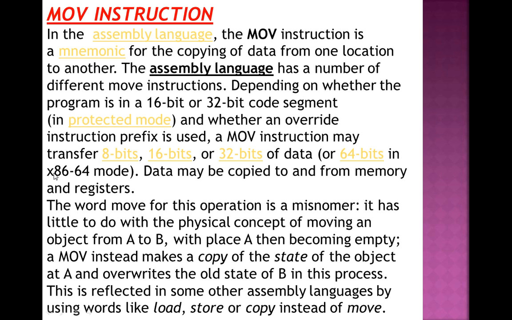But if it is x86-64 mode, it can store up to a 64-bit value. Data may be copied to and from memory and registers. The word move for this instruction is a misnomer, that is a mnemonic. It has little to do with the physical concept of moving an object from A to B.